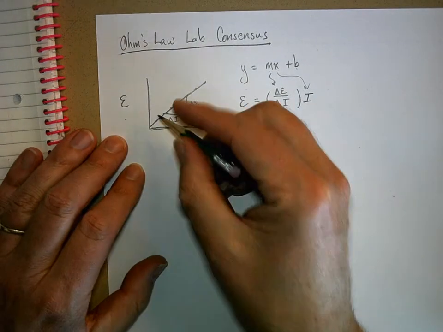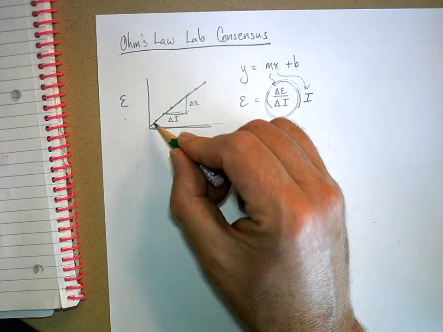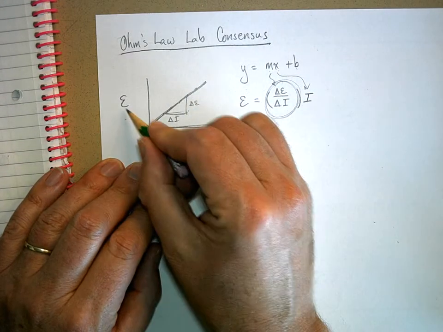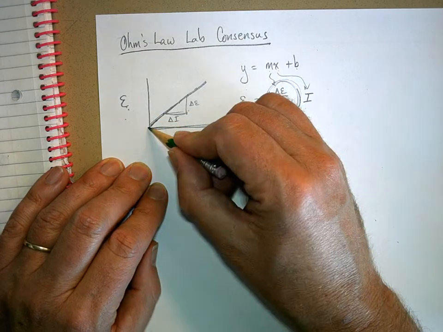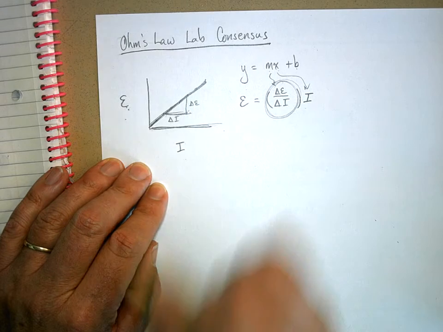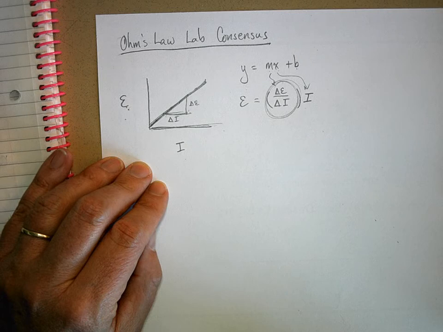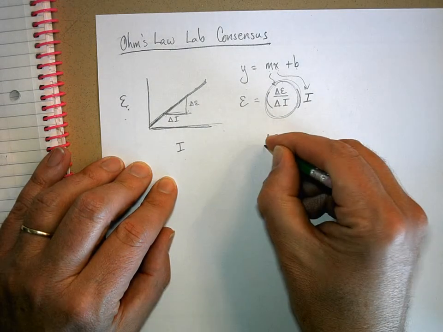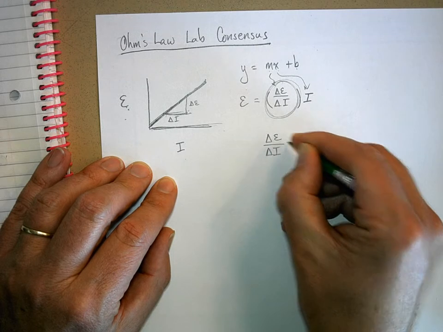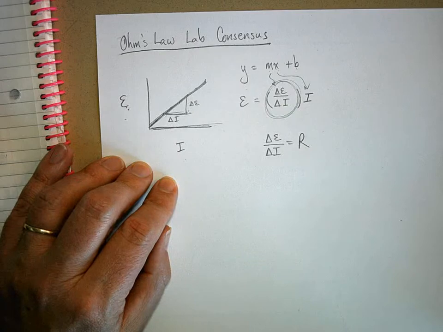When you graph voltage as a function of current, you get a straight line, and that straight line has a slope. The slope is resistance. So you can say the change in voltage over the change in current is equal to R, that's resistance.